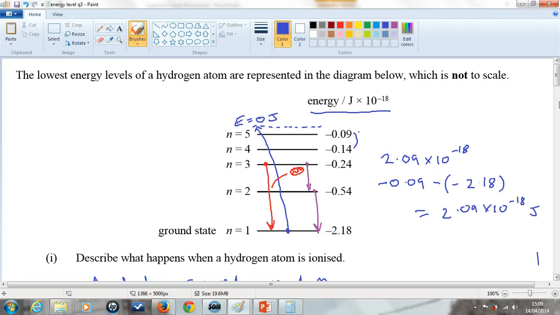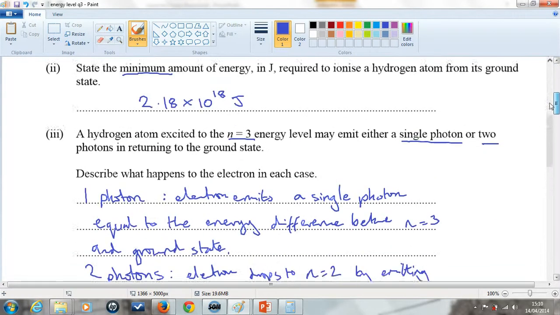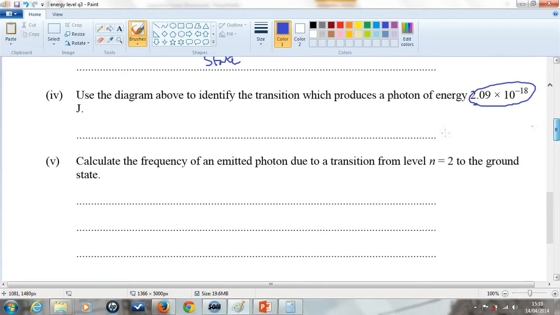Hurrah! I have found the answer straight away. So the transition that produces a photon of that energy is the transition from n equals 5 to n equals 1.